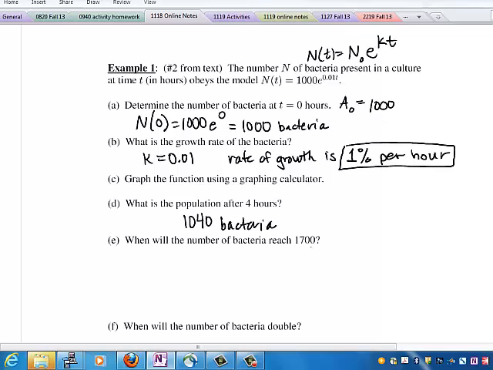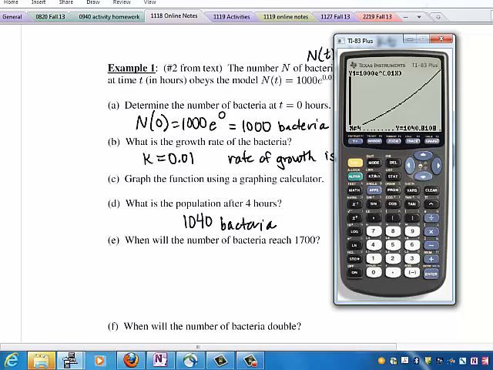And then if we want to know when the number will reach 1700, we can approach this graphically. 1700 would be an output, so a y value. So we would want to graph that line, 1700. Let's check to make sure our window is large enough.